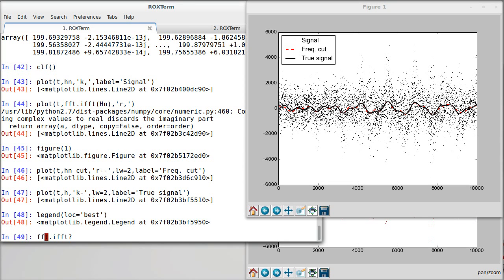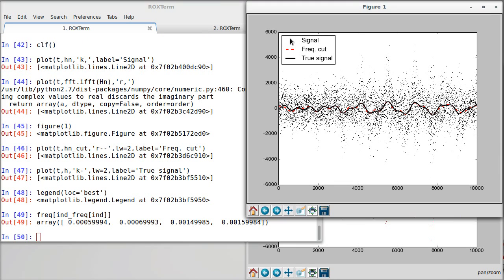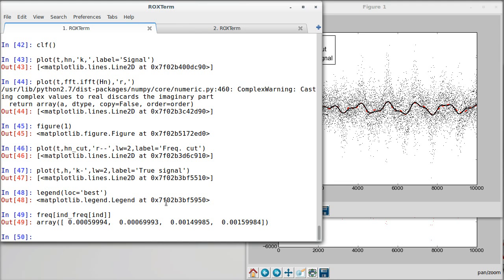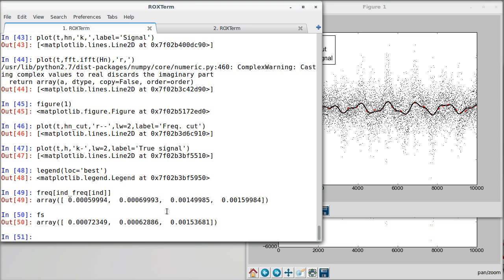And so again, the frequencies that we deduced for our signal were this, just based on a cut in the power spectral density. The real frequencies were these. And so we see that this frequency is pretty close, this frequency is pretty close.